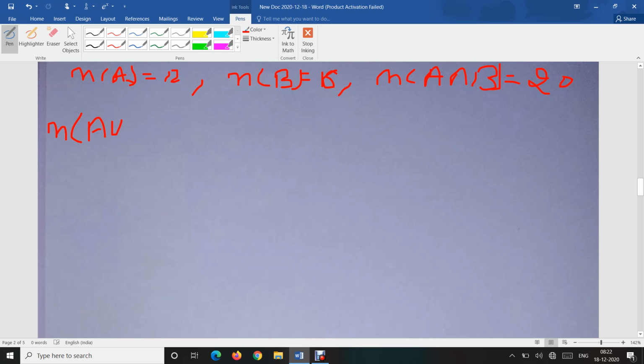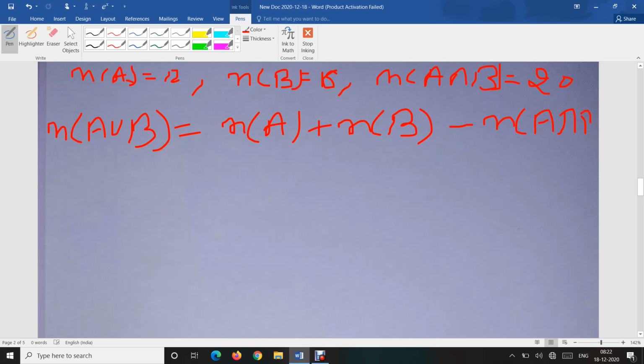Then n of A union B is equal to, as I told you earlier, n of A plus n of B minus n of A intersection B. We have to just put the values. So n of A is 12, plus the number of elements in set B is 18, minus the number of elements in A intersection B, which is 20.